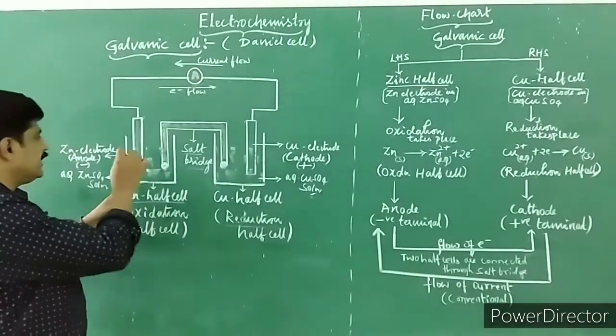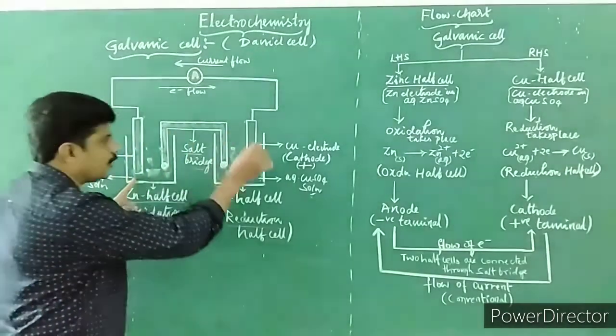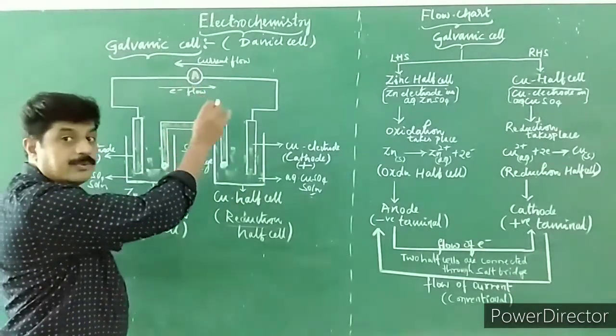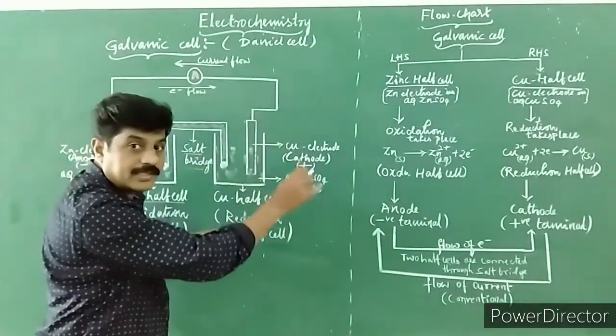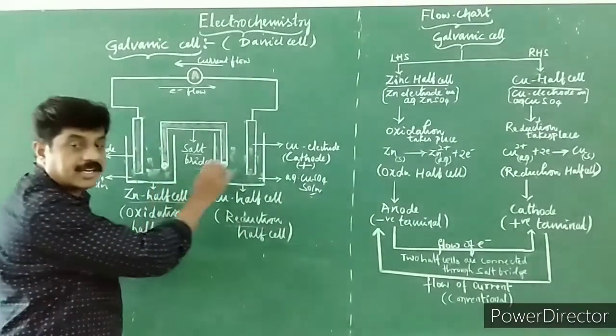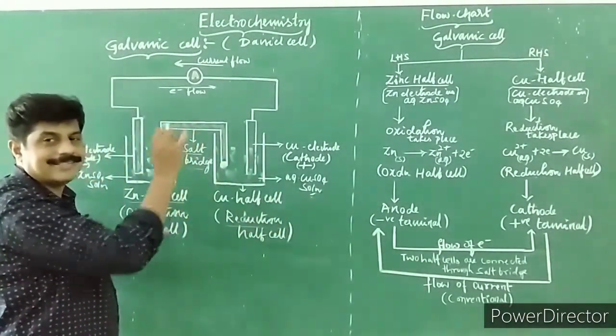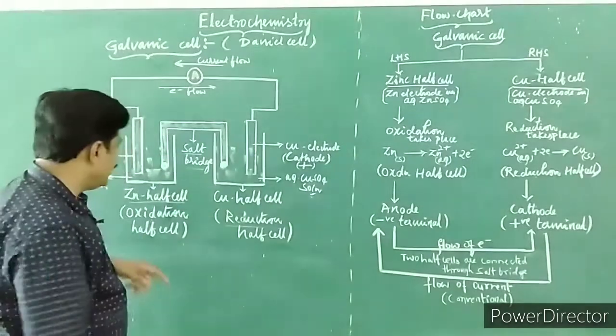Children, when the zinc electrode is connected to the copper electrode through an ammeter using insulated copper wire, oxidation and reduction reactions take place separately in separate containers. Look at here.